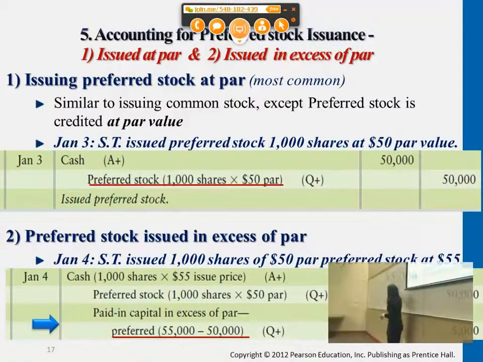So the entire paid-in capital section will have preferred stock, paid-in capital in excess of preferred, common stock, and also paid-in capital in excess of common. And the second part will be retained earnings. Just one account here. Together, these form the equity section.